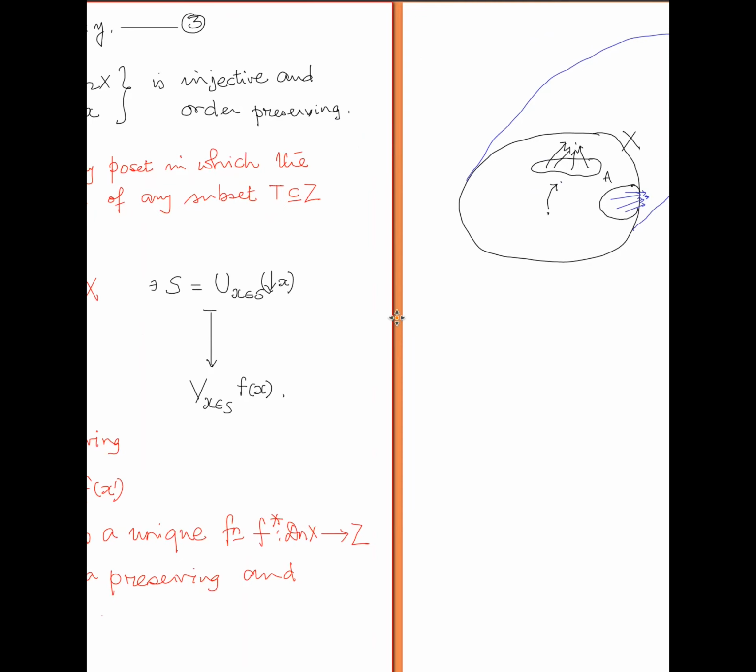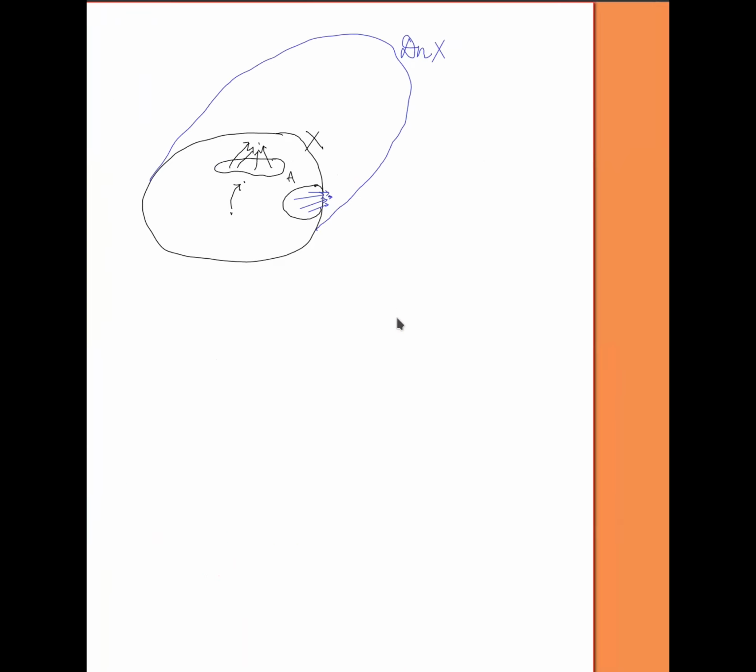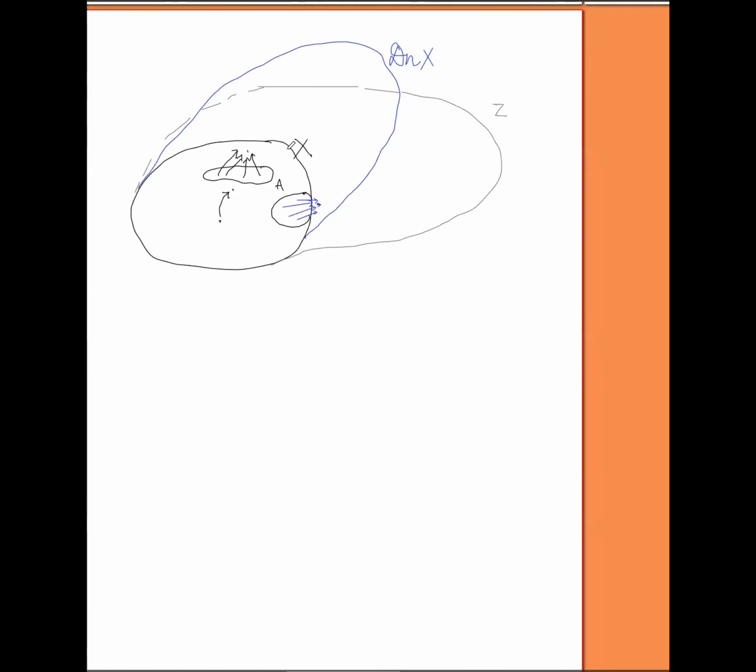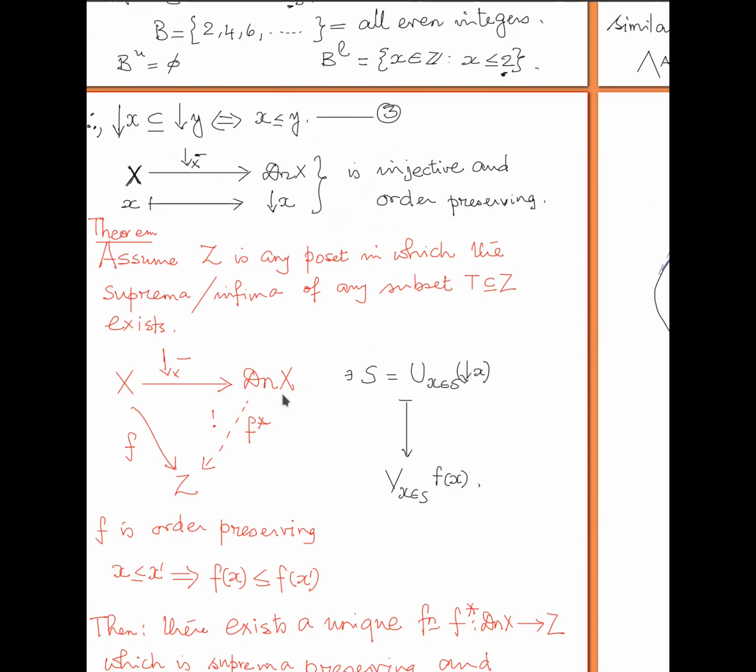Suppose it were possible to have a Z which has all possible suprema and all possible infima and contains X. The answer is no. It says that then you can also put the whole of down X inside it.